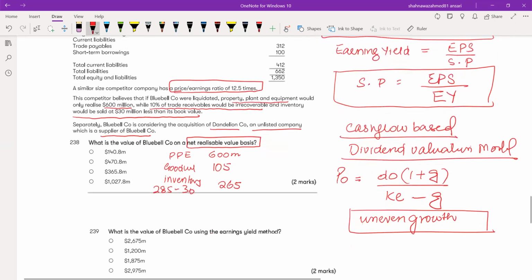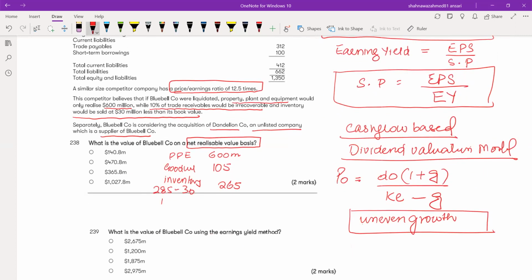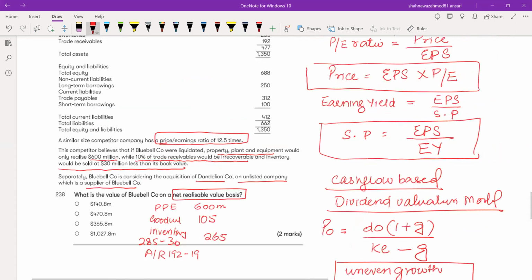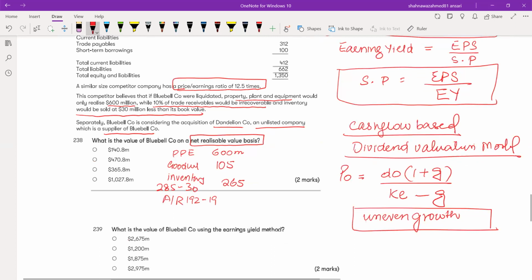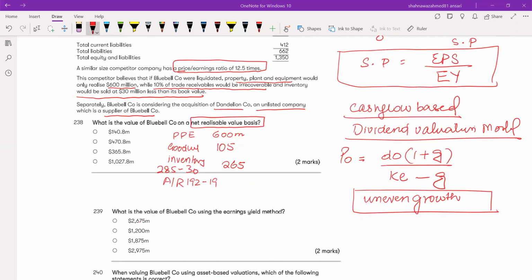Receivables 192, and there will be a reduction of 10%. So it's 192 minus 19. The amount that we would realize is 172.8. This is the assets.